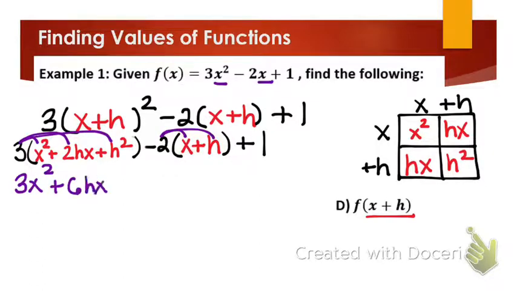And 3 times h squared is 3h squared. Then we go down and we have negative 2 times x, negative 2x, negative 2 times h, negative 2h, and plus 1.